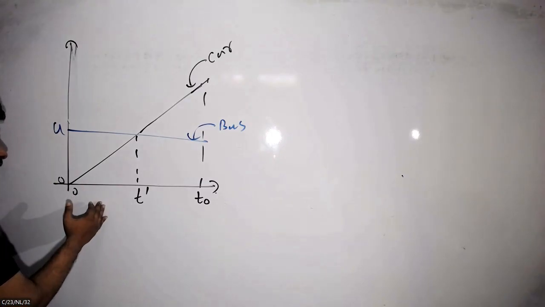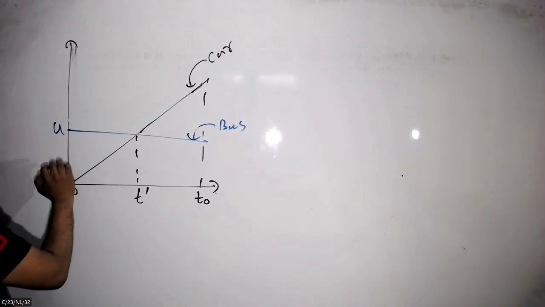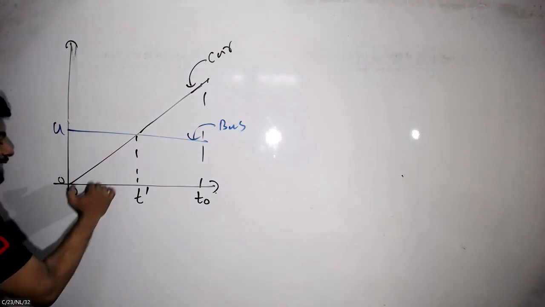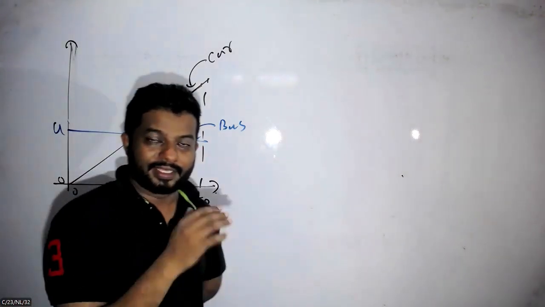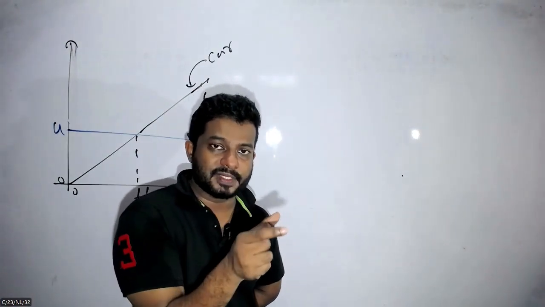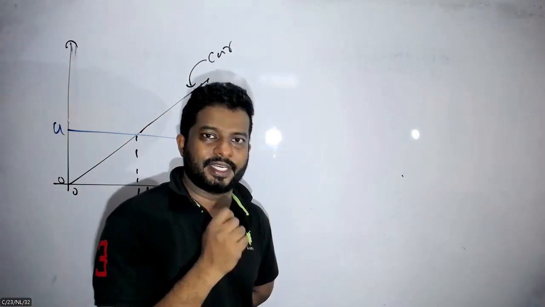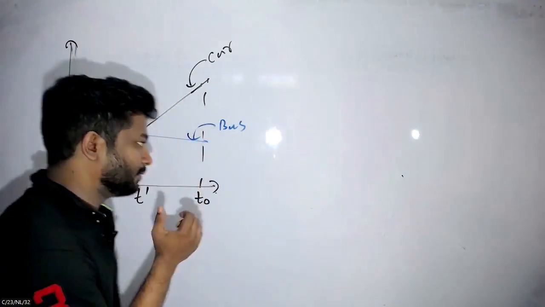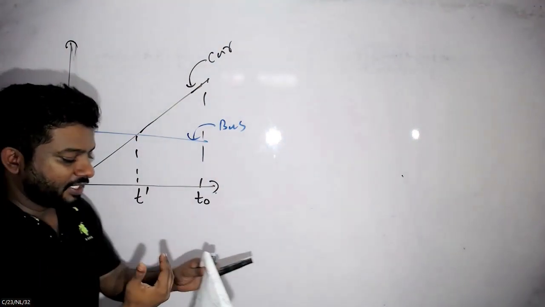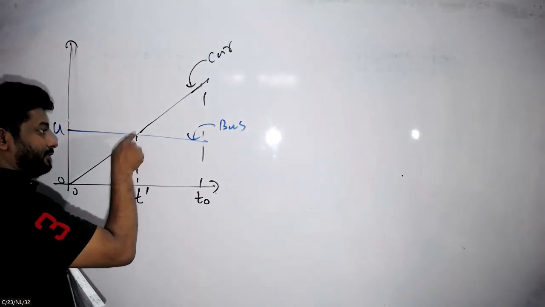Here you can observe that up to this time interval, t equals t dash, the velocity of the bus is greater than the velocity of the car. That means when you consider a particular time interval, the displacement acquired by the bus is greater than the displacement acquired by the car. Got it? Therefore, up to this point, the gap between the two objects increases.